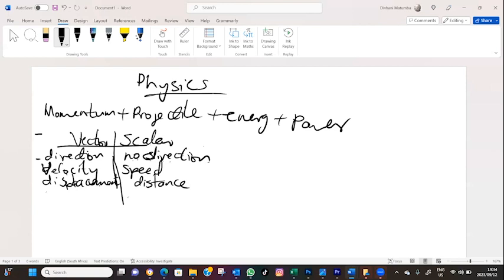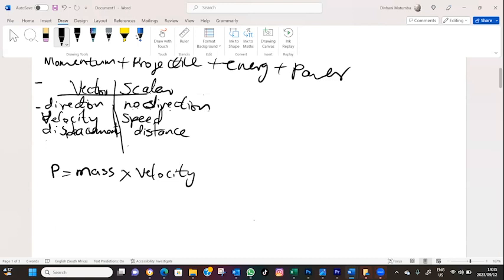So what is momentum? Momentum is given by letter P. So momentum is given by mass times velocity. What happens if you multiply a scalar by a vector? You get a vector. So momentum is a vector.